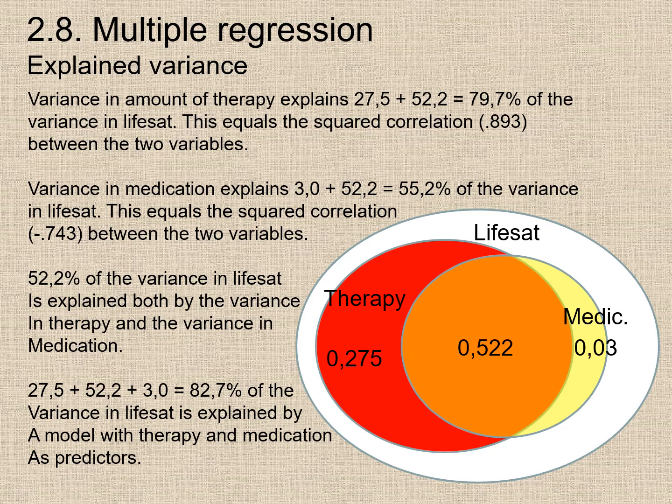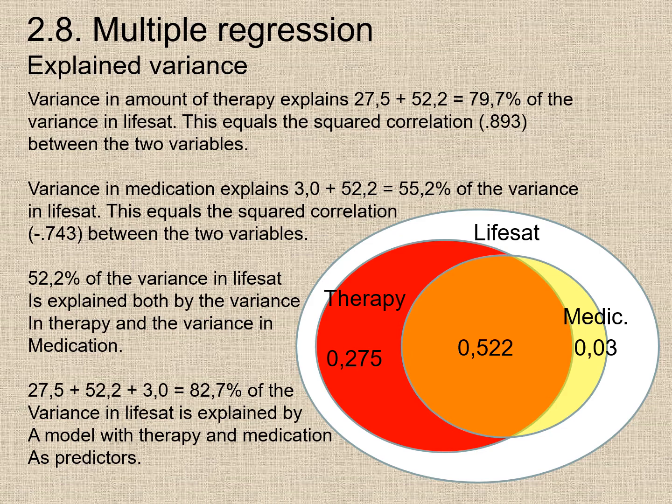The same here for medicine, 3% plus 52.2%, 55.2% can be explained by medicine. And in the end, if we add all those, we get 82.7%. 82.7% can be explained by therapy and medicine together.